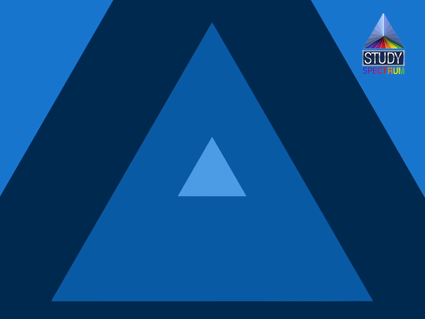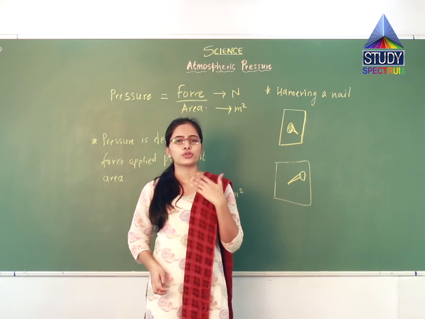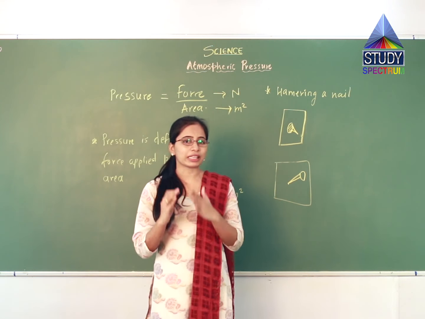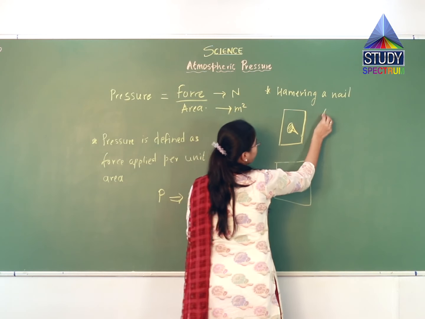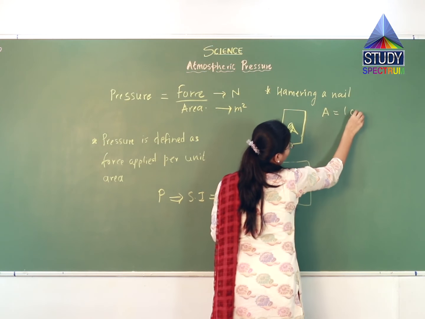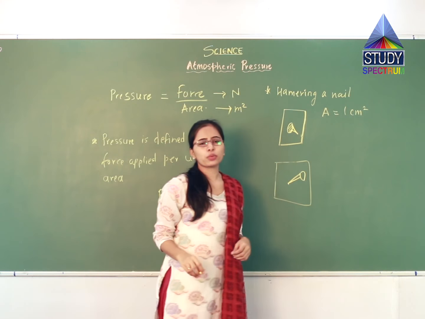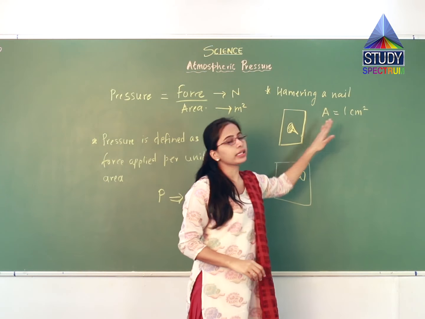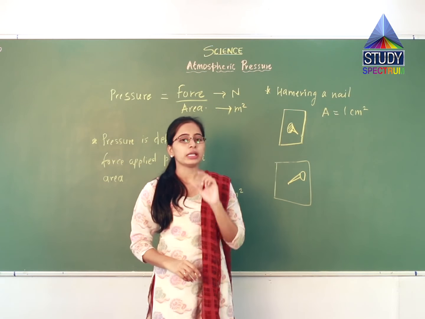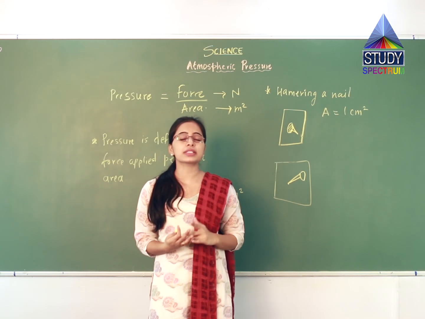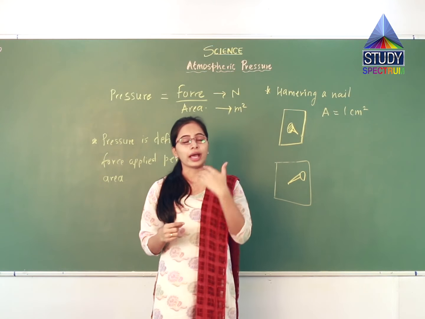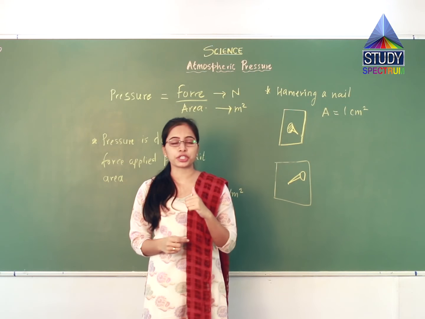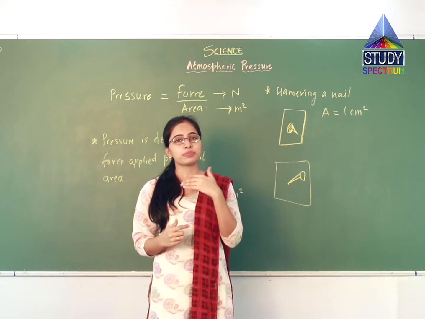Now to show it mathematically, suppose this circular area is 1 centimeter square. Here I am taking it directly as 1 centimeter square, but in the examples you may be given the radius. Accordingly, this is the circular section, so the area of a circle is pi r square.